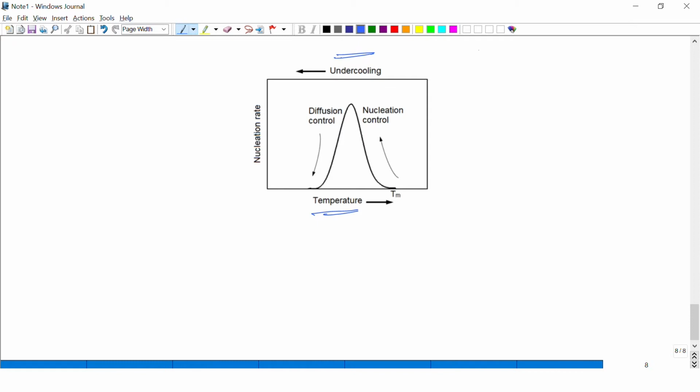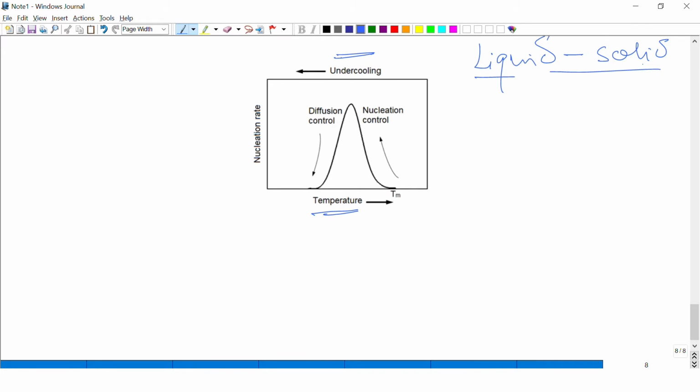Now, during this liquid to solid transformation, the nucleation rate will be mostly controlled by the undercooling.